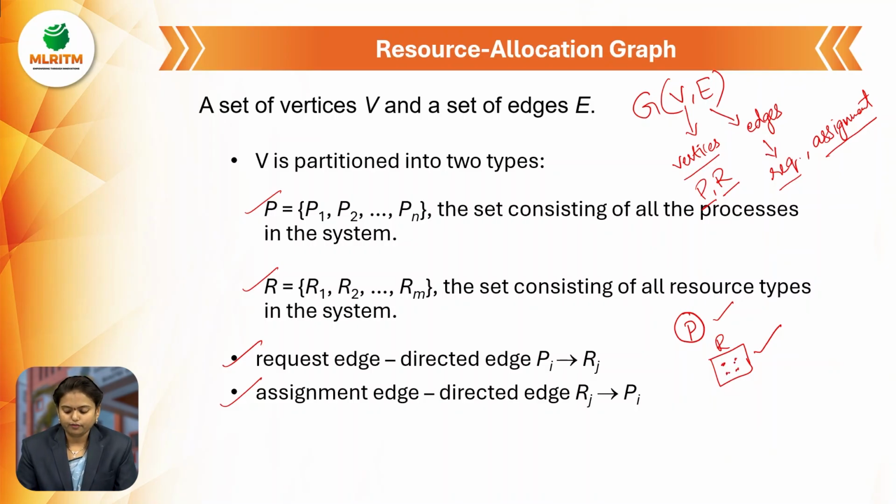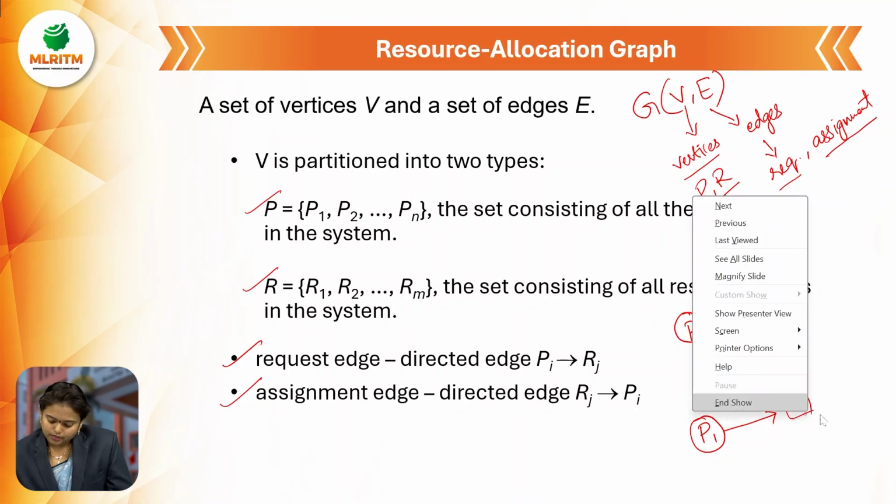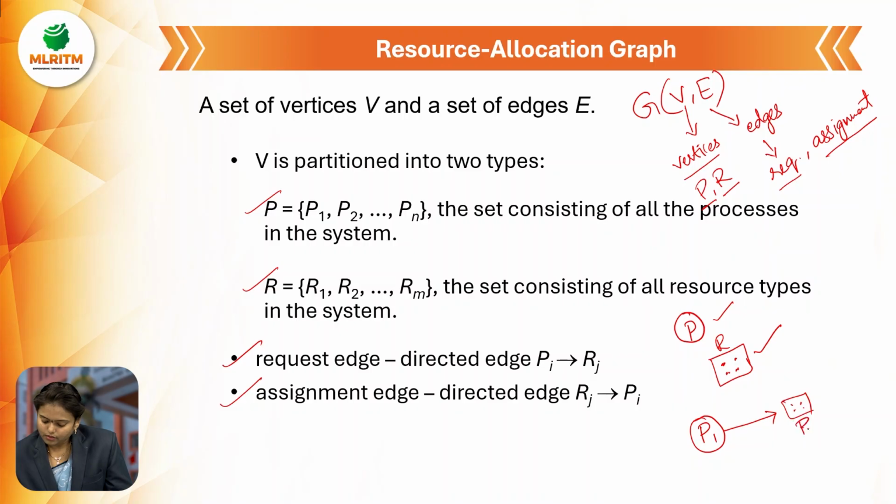Here we have taken 4 instances. For example, process P1 and here R1 with 4 instances.